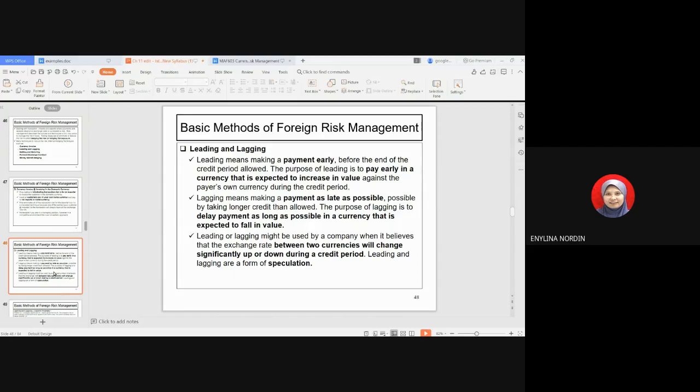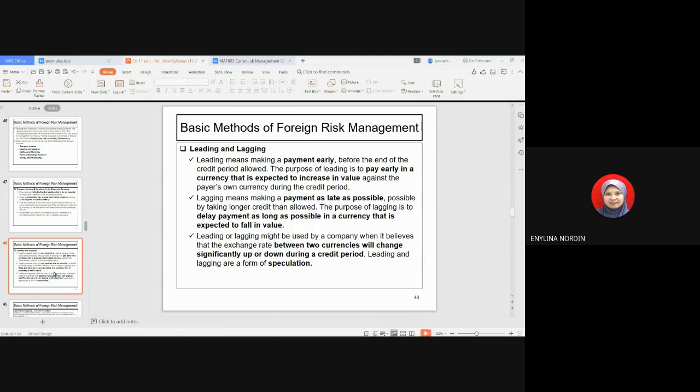Why are the leading and lagging strategies considered risky? Because they will not give any benefit if the prediction of the currency value is not correct.